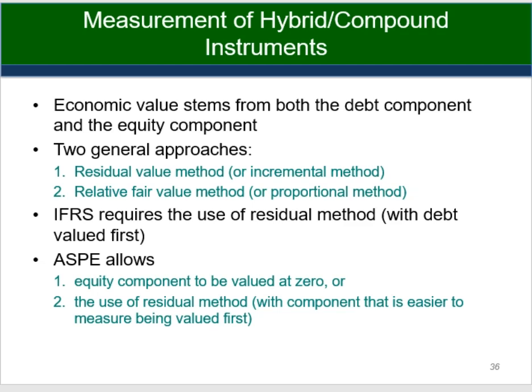Relative fair value, you would determine the fair value of similar straight debt obligations if you can find a market for that. If there's a market value, for example, for bonds which have a particular bond rating, you'd be able to determine comparable bonds and what their price would be.